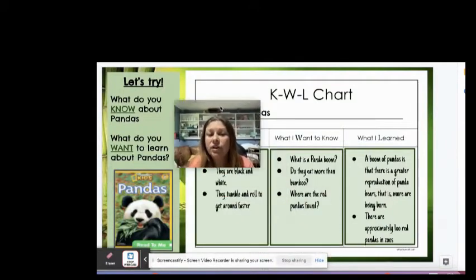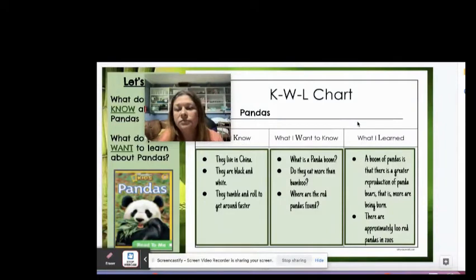And what I learned after reading the book: a boom of pandas is that there is a greater production of panda bears. That is, more are being born. That's great, because if they're becoming extinct, then more pandas being born is a great thing.